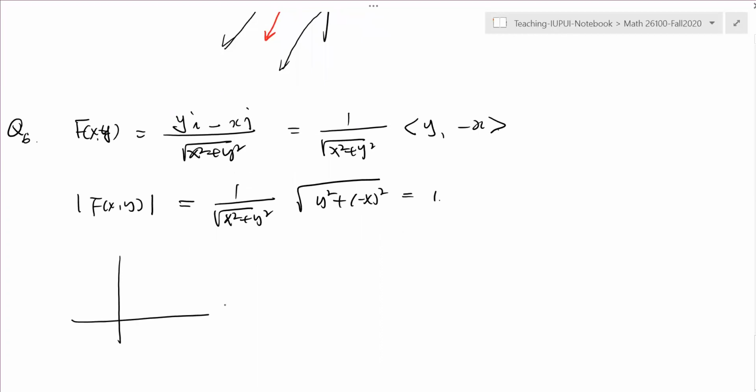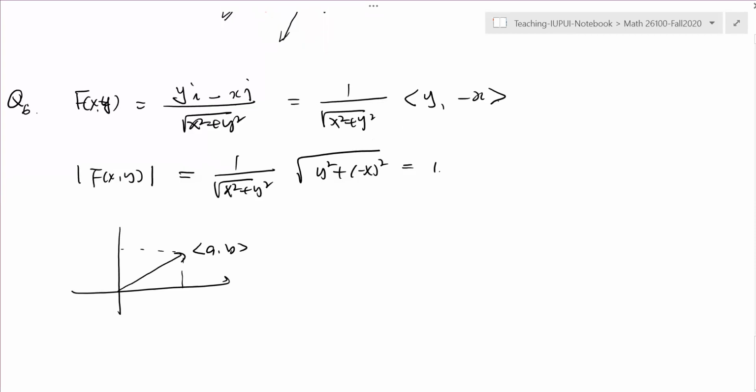Okay. If we have a vector with components A and B, and I switch the order, where is the vector with B and negative A? The first component is B, so it's here. Negative A is the second component, so it's going to be some point here. Okay, right? This is A, that's B, right?